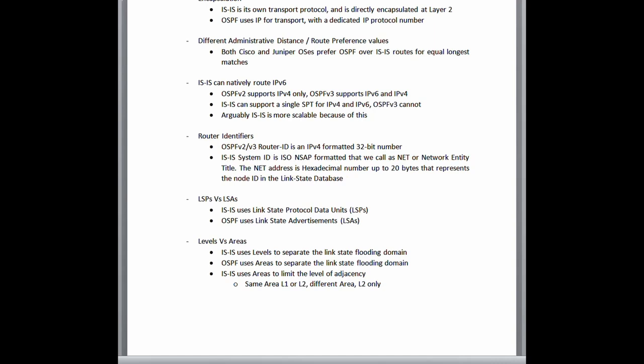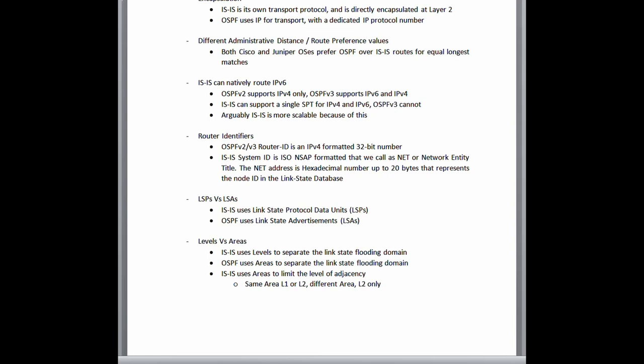The next difference is the packet formats in ISIS versus OSPF. In ISIS, the updates or acknowledgements are sent as LSPs or link state protocol data units, whereas in OSPF, we use link state advertisements or LSAs.